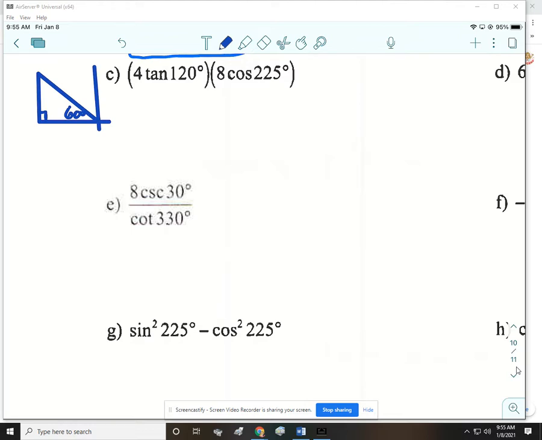So I know that if that angle is 60 degrees and I have a 90-degree angle, then this angle is 30 degrees. And I know opposite of 30 degrees is 1. Hypotenuse is 2. Opposite of 60 is the square root of 3. What I want from this triangle is the tangent of 120 degrees.